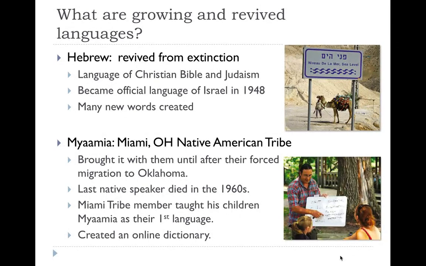But there was a member of the tribe who taught his children how to speak this language as their first language, and over time, because of that, they have been able to basically save this language. That's actually him in the picture there. One of the things he did was to help create an online dictionary so other people could learn the Miami language as well. So he single-handedly saved this language from extinction.